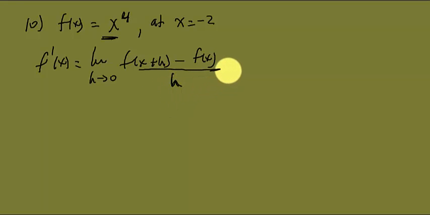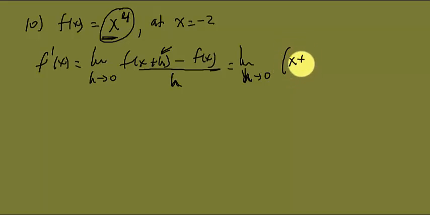Then when we plug everything into this function, we did that in pre-calculus, I will have a limit as h goes to 0, and I have to find that. That means I'm going to plug in x plus h into the function, and then I have f of x, which is x to the fourth, all that over h.